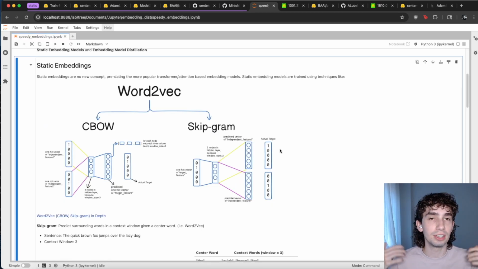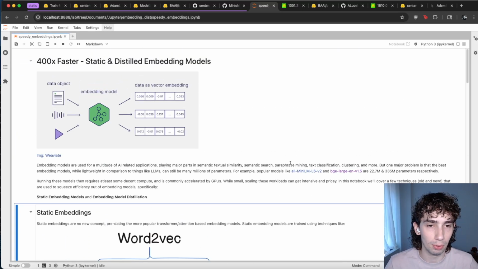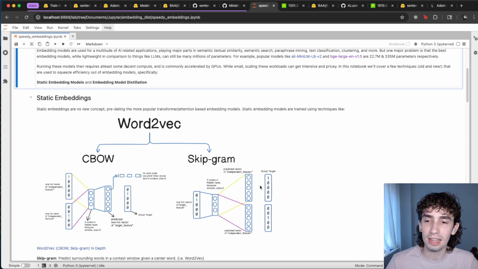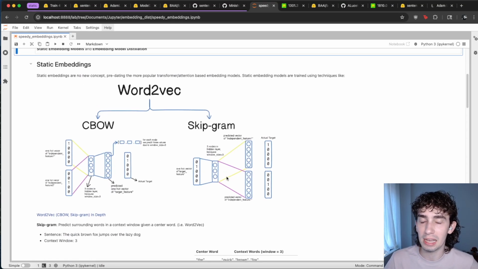And so while this idea of encoding and representation is shared across both static and dynamic contextual or transformer-based embeddings, what the actual core difference between static and the more popular these days transformer-based embeddings are is that static embeddings are going to be a predefined per token level embedding.